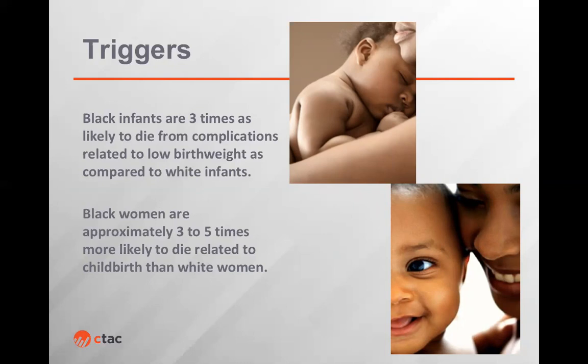I read a study that said something like a 17-year-old white girl in a trailer park is more likely to survive than a Black woman doctor. So education and socioeconomic status is not going to be a protector when we think about bias. In fact, we know that bias will kill you.